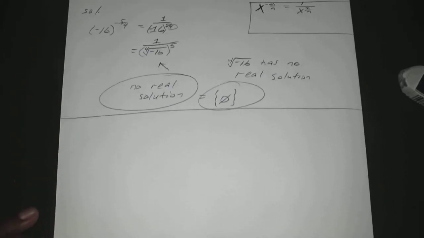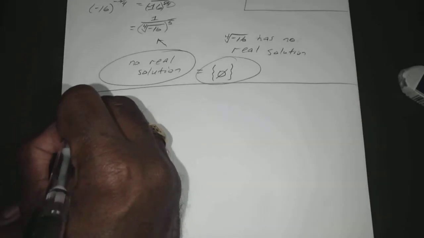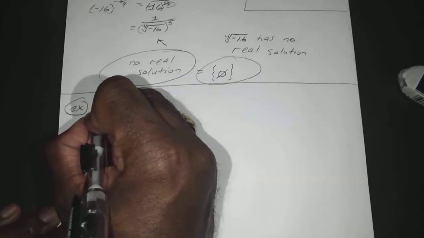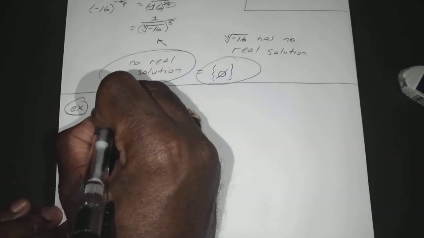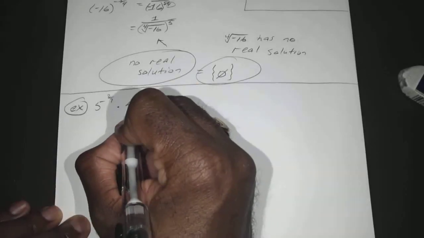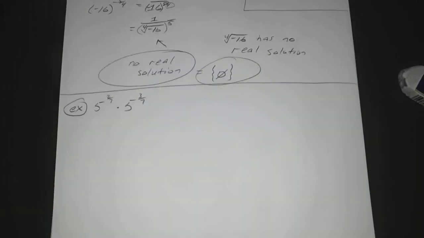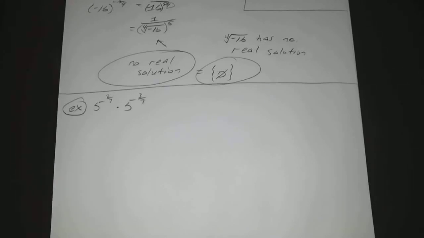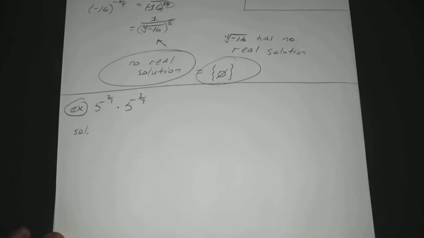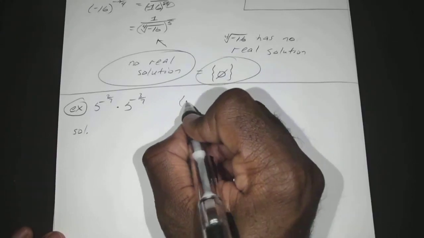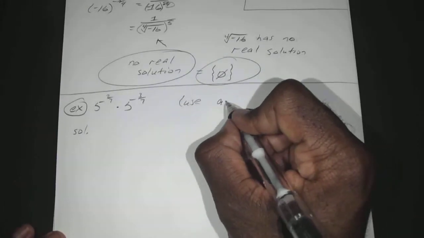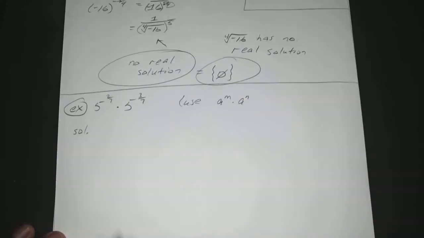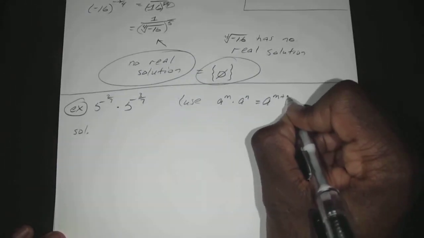Okay. So what if we wanted to simplify 5 to the power of 2 over 7 times 5 to the power of 3 over 7? With this one, we have a to the power of m times a to the power of n equals a to the m plus n.